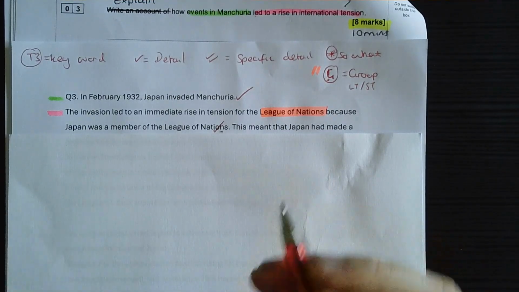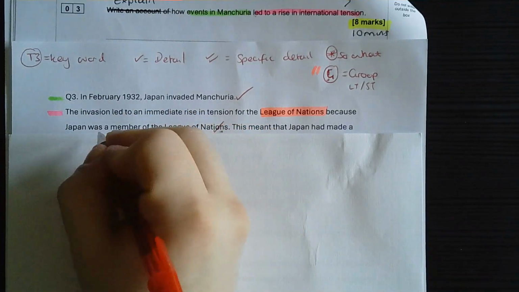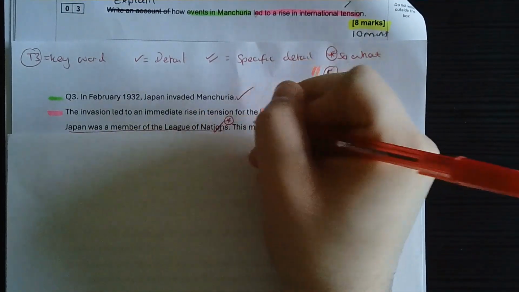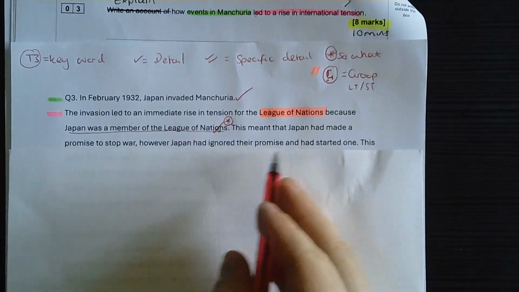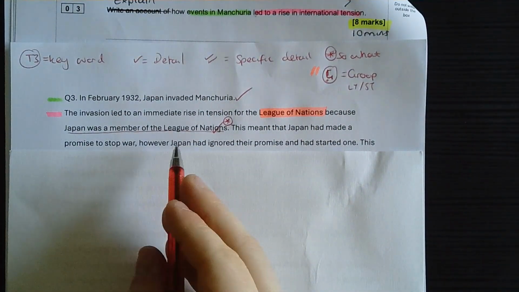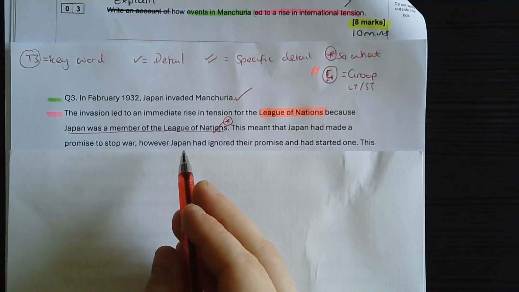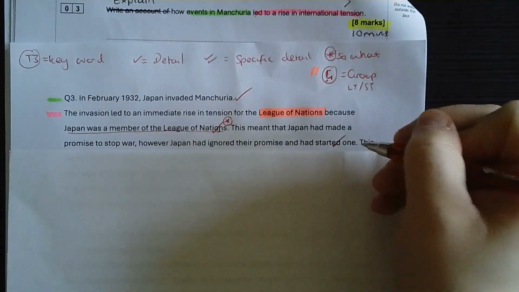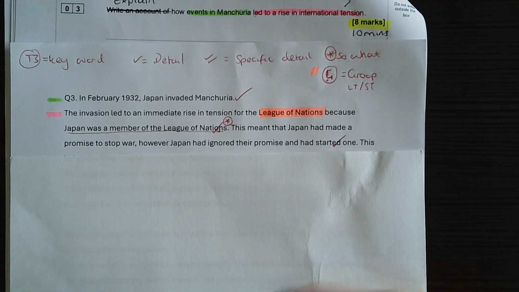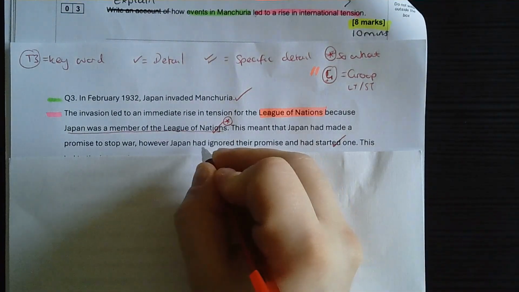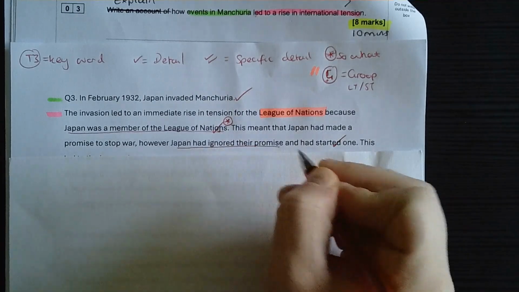But so what if Japan was a member of the League of Nations? So what? This meant that Japan had made a promise to stop war. However, Japan had ignored their promise and had started one. So again, there's some detail there. But so what if Japan had ignored the promise?